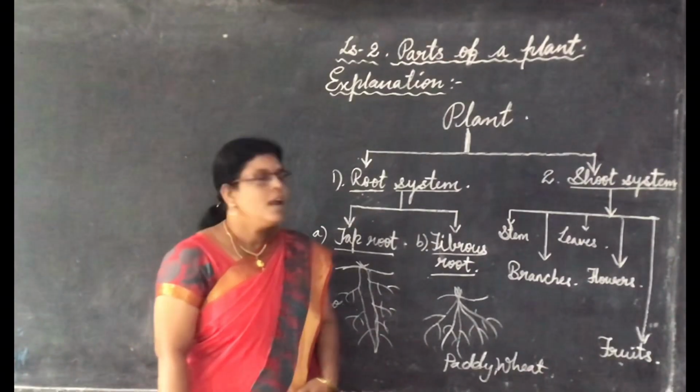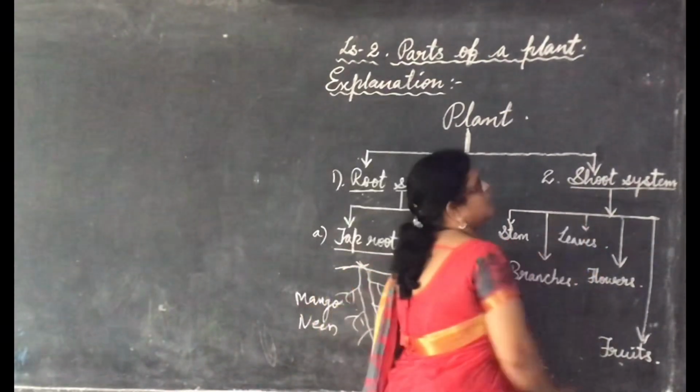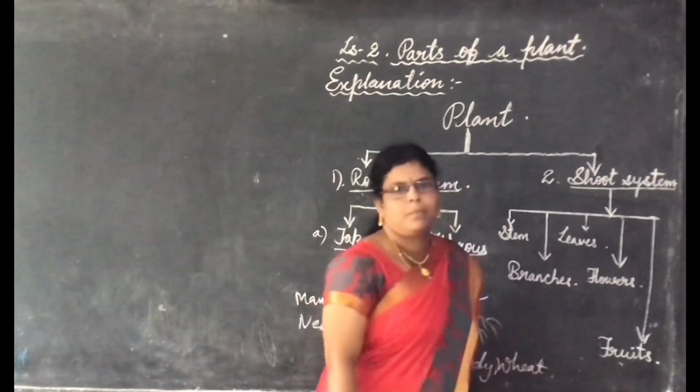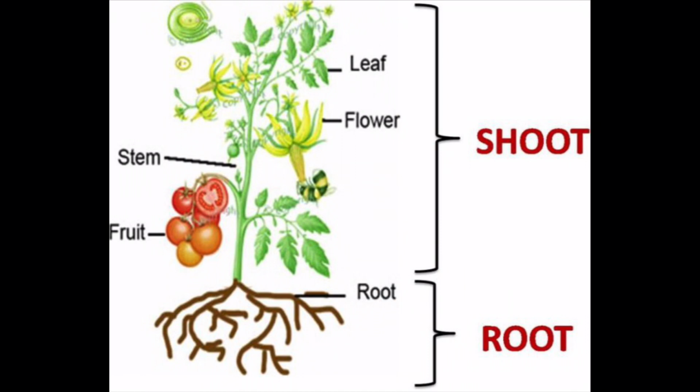Isn't it, children? Next, it is the shoot system. What do you mean by shoot system? The upper part of the plant above the ground is called the shoot system. This shoot system bears stem, leaves, branches, flowers and fruits.